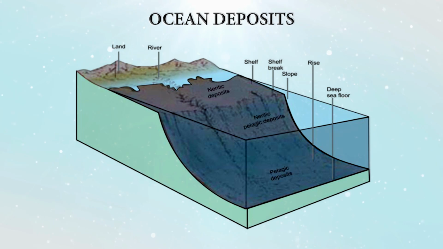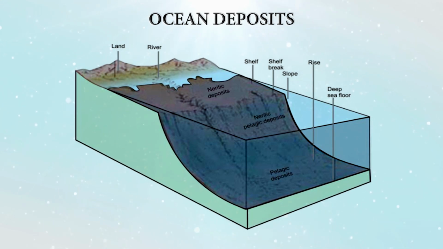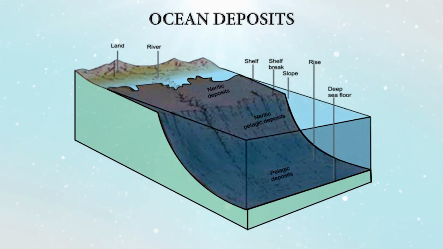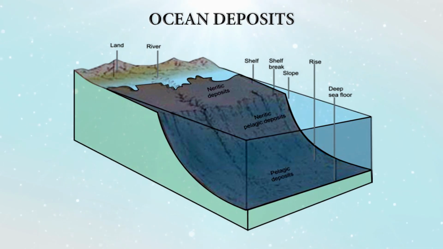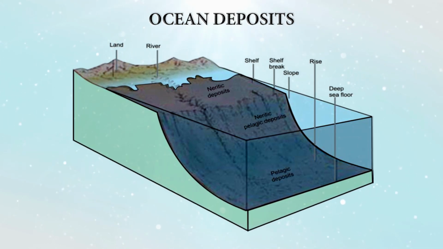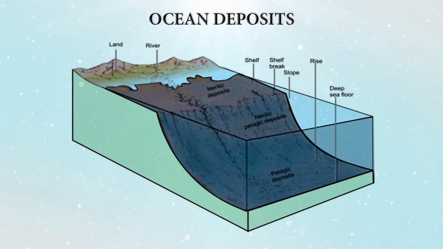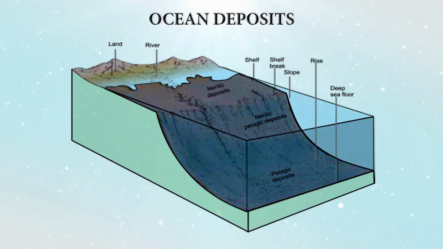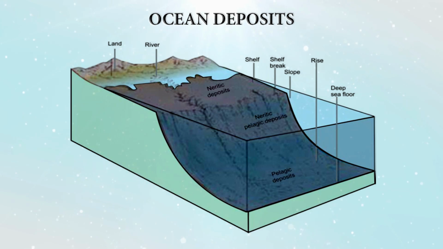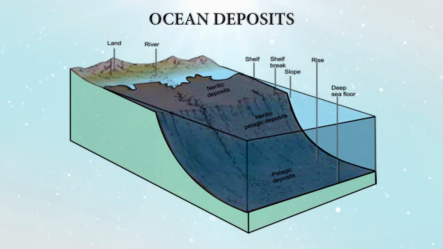And then the deep sea plain, the deep oceanic area, is dominated by the pelagic deposits, and the shore area or continental shelf area, the shallow water area, is deposited by the continental or terrigenous deposits.